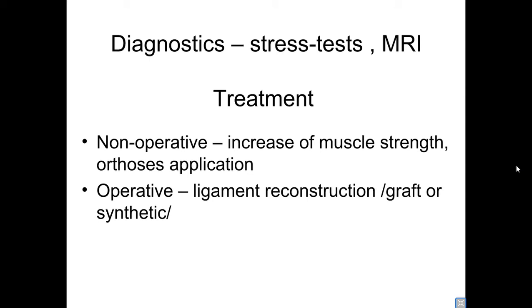After that, we tighten the graft, and then we fix the graft with different implants. Sometimes they are resorbable, sometimes they are an artificial tight rope or neutralization screws. It's different in every operation.